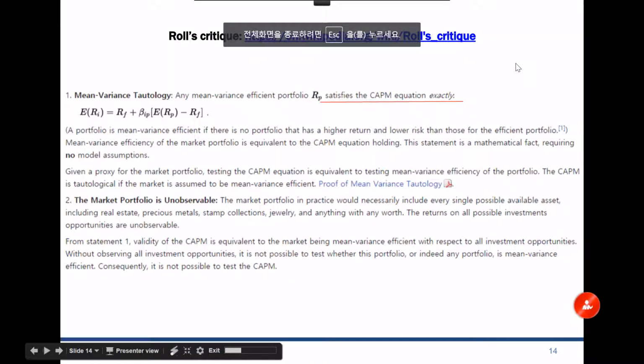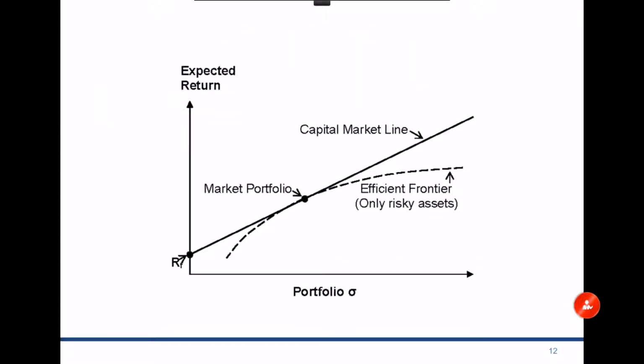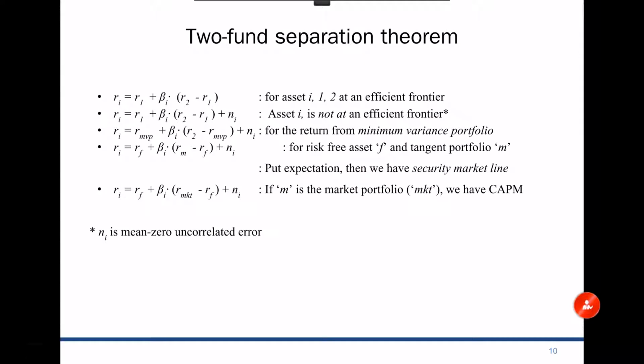Before Roll's critique, what people did was form the market portfolio. They have some number of assets and a risk-free asset, they combine them and create a tangent portfolio, and by connecting the tangent portfolio, they form this relationship, and they indeed find that this relationship holds.